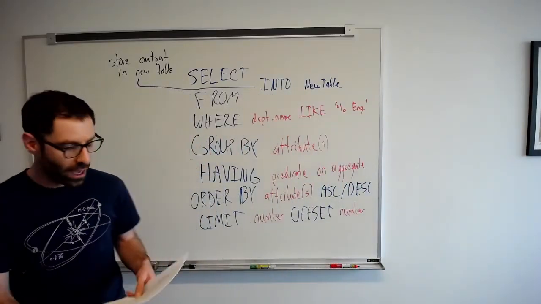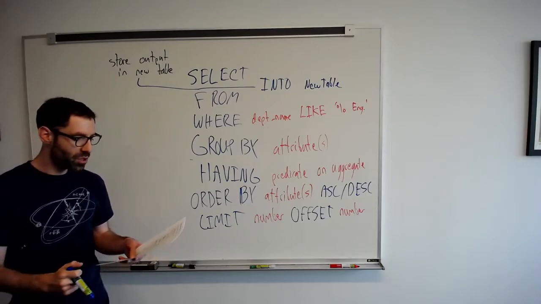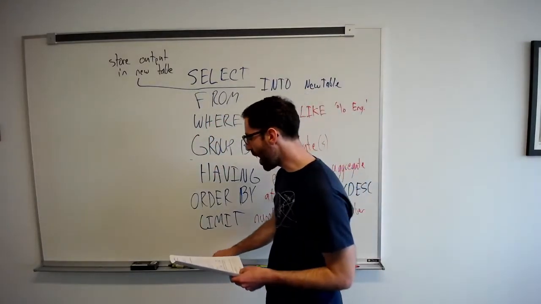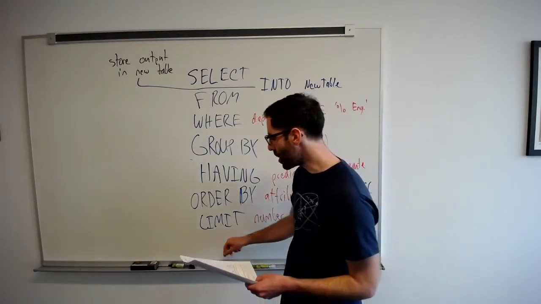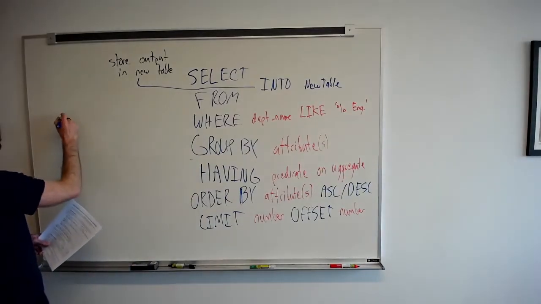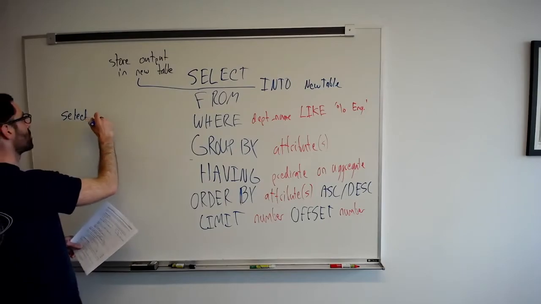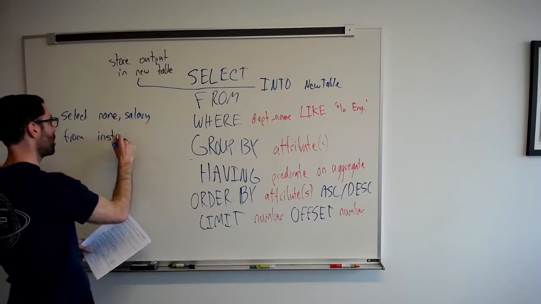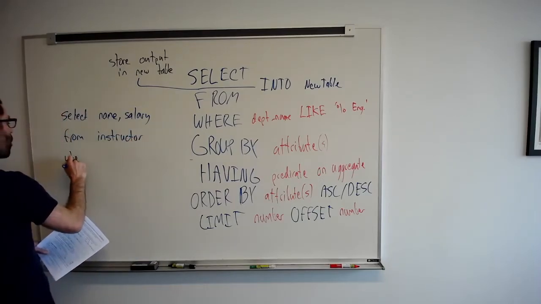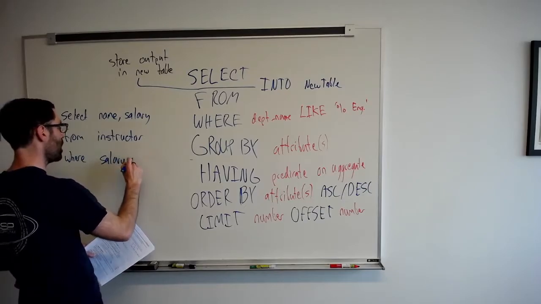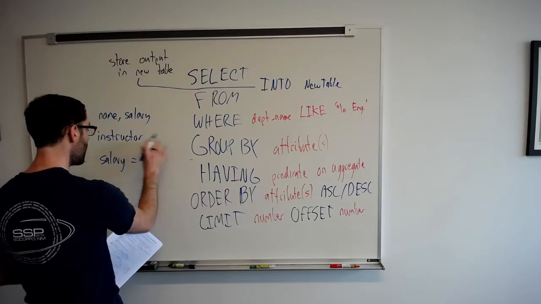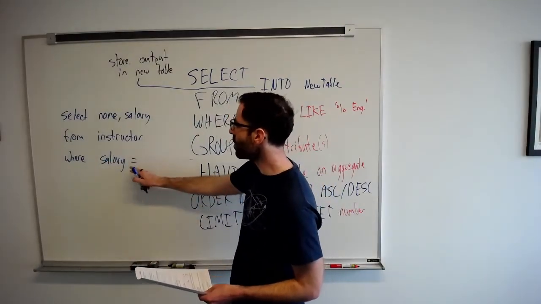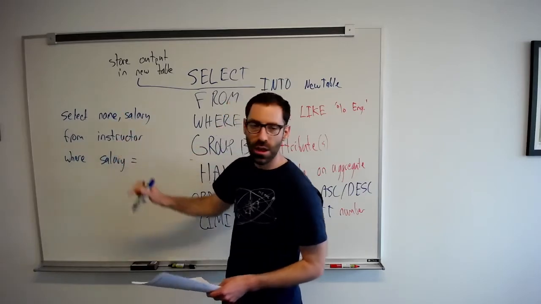So for example, if we wanted to find the instructor earning the max salary, one way that we could do that is to say we want to select the name, salary from instructor where salary equals, and then in the where clause we can, with parentheses, just put another query that gives us back the maximum salary, which is how we want to filter the results from the instructor.